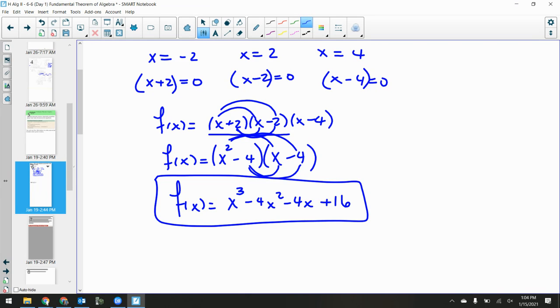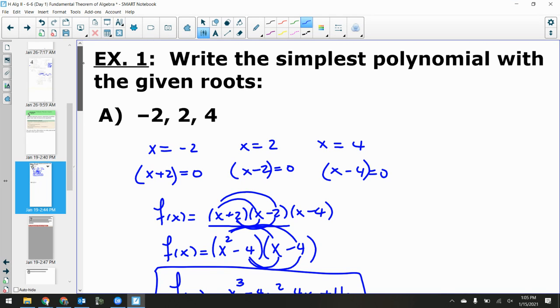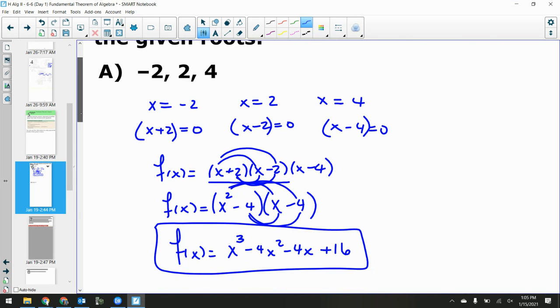And all that's doing is vertically stretching it, because it would be a times f of x. So just multiplying that entire function by a number, does it change the zeros? Does vertically stretching change the x-intercept? No. So I could really multiply that function by any constant, and it would not change the zeros. So that's why I say let's go with the simplest polynomial that has those given roots.